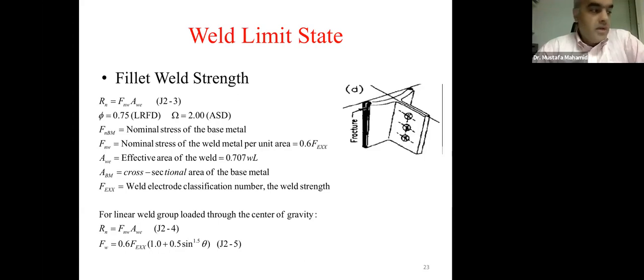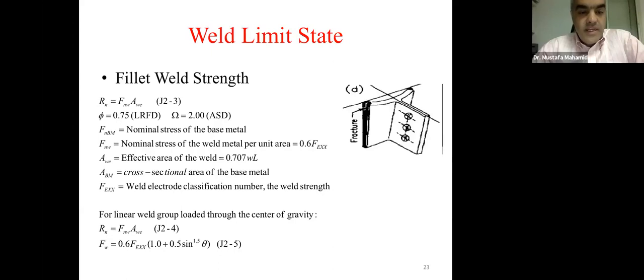So for a fillet weld, we have 0.707 times the weld size, times the length of the weld. And also one thing that needs to be checked is the nominal stress of the base metal. That has to be checked along the weld line as well.